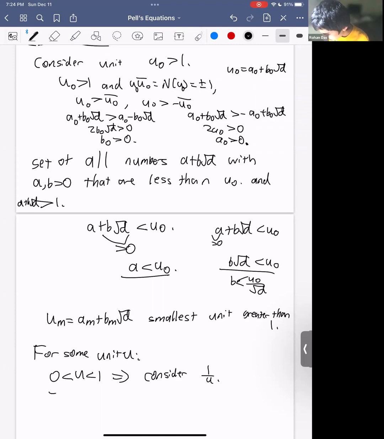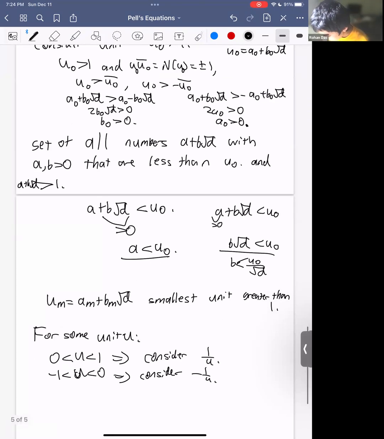And if it's between -1 and 0, we consider -1 over u. And if it's less than -1, consider -u. We call this value u prime.